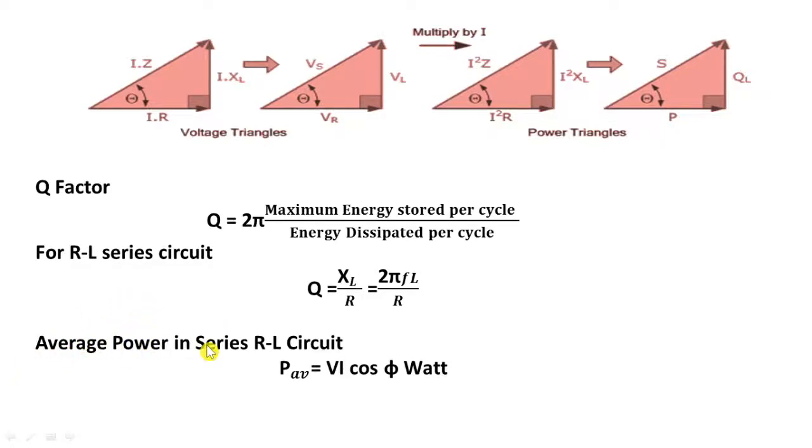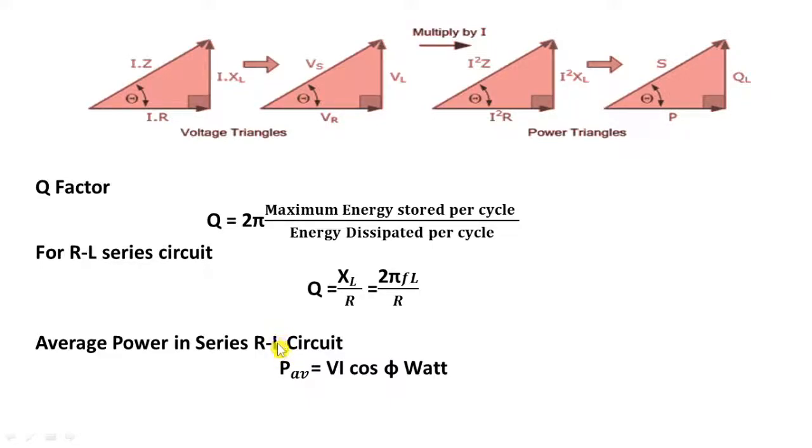Now see the average power of the RL circuit. The actual formula for the average power of the RL circuit is the average power due to resistor R plus the average power due to inductor L. But the average power in an inductor for one cycle is 0, so we do not take power through it.